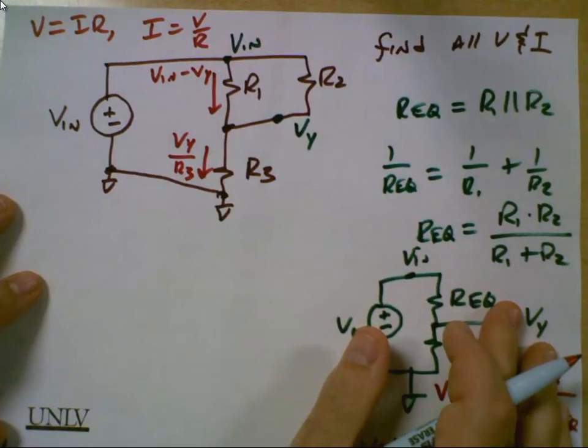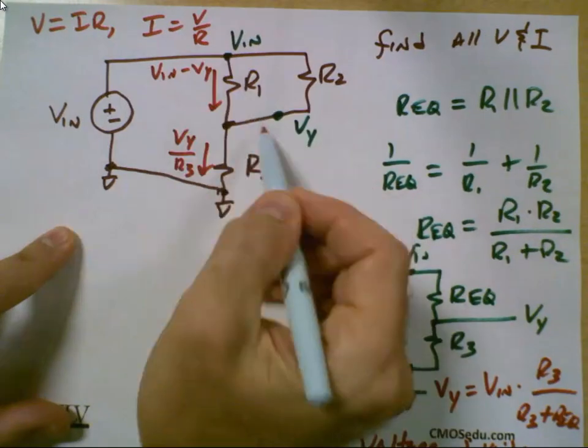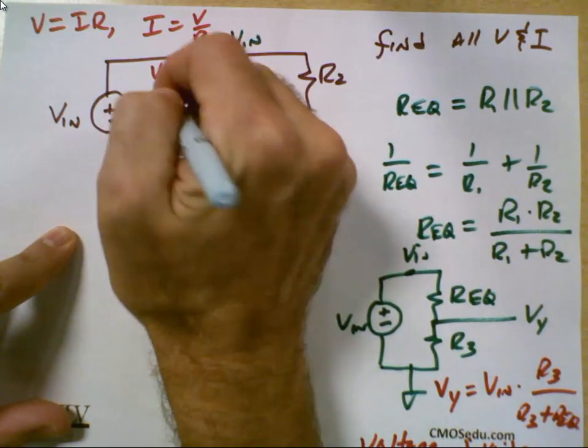I've got some air tools in my garage. My compressor puts out 60 psi, but I put it through a real narrow pipe, and by the time it gets over to my hand tools, it's down to 50 psi. What's the pressure dropped across the pipe? 10. It's the same thing. Okay, no difference. So it's VN minus VY all over R1.